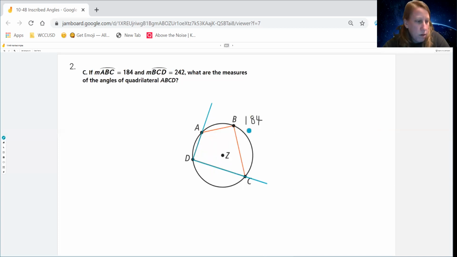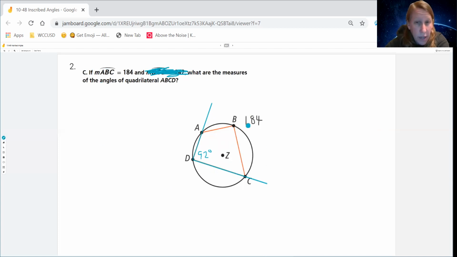Half of 184 is going to give me which angle here? This one. So I know the measure of arc ABC is 184. That means this is 92. Now, instead of going and getting this next piece of information, I'm going to ignore this for a little bit. I'm just not going to worry about that for now. I'm going to just focus on here and see if I can find out anything else.